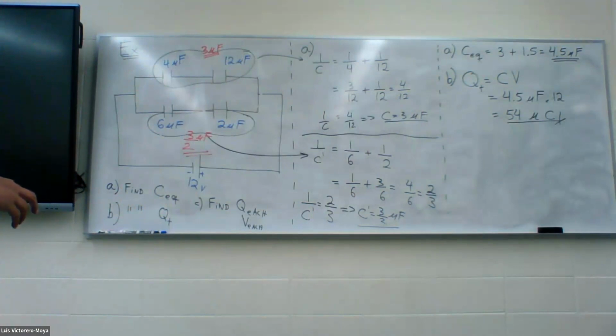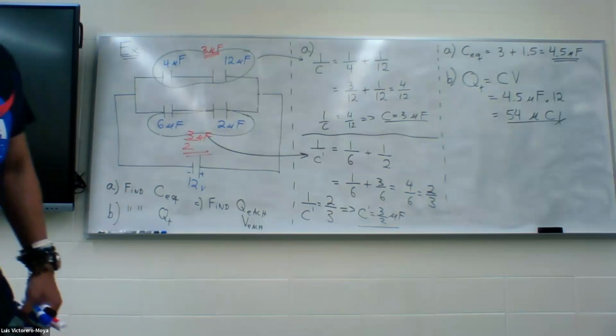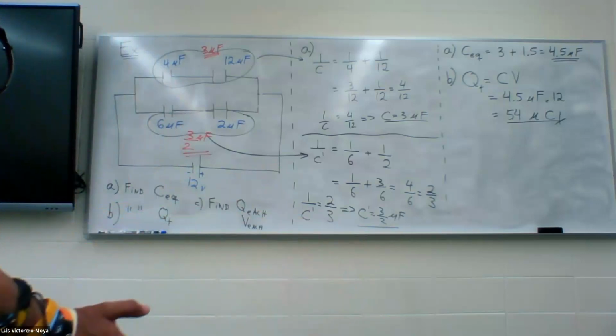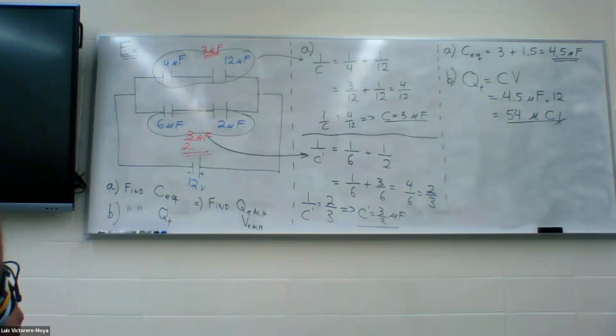All right. Now we have to do the charge on each and the voltage on each. The thing about splitting the charge and the voltage, you can basically do both at the same time. So that charge is going to be split. Why? Because 3 and 3.5 are in parallel.